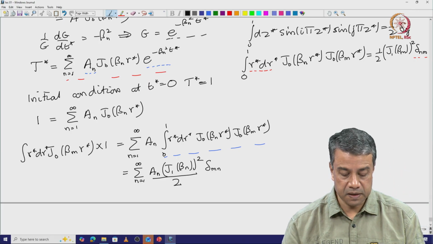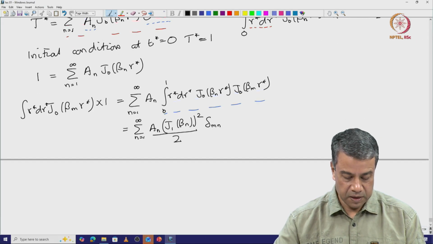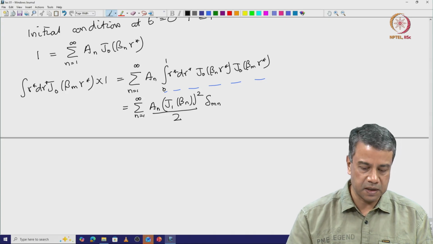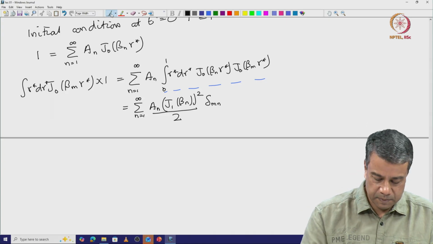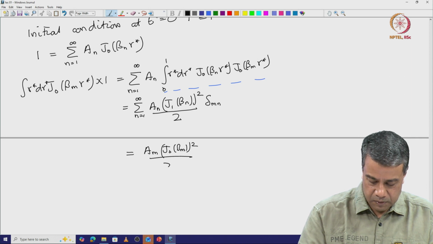This right side is non-zero only when n is equal to m, and I have a summation over n. So, I can remove the summation and the delta and replace n by m to get the right side as a m J naught of beta m the whole square by 2.